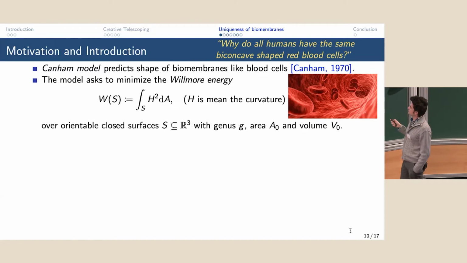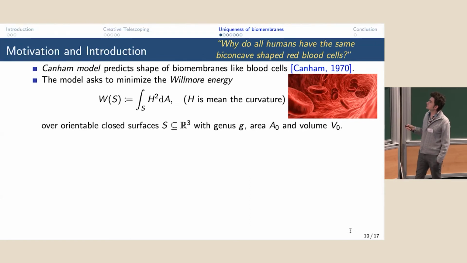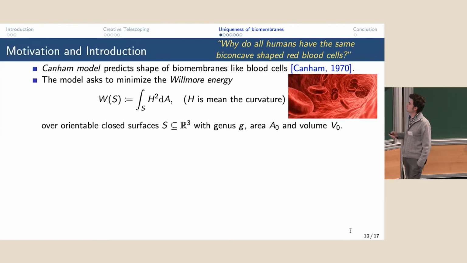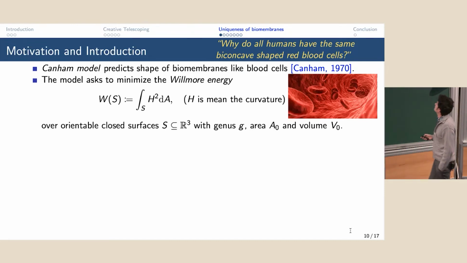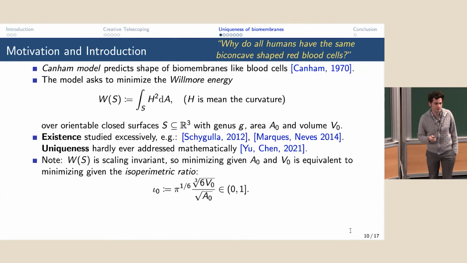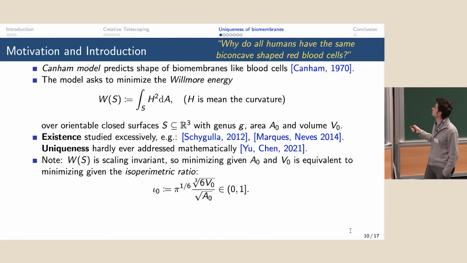So H is the mean curvature, and this is the quantity one wants to minimize because in this Canham model it says that this will be somehow the shape of the biomembranes corresponding to these parameters. Maybe I should also mention that this model is very similar to the Helfrich model, where you also prescribe another quantity here.